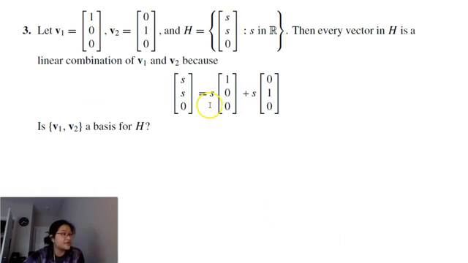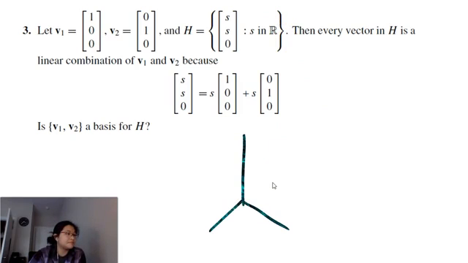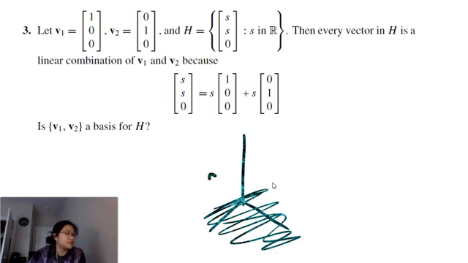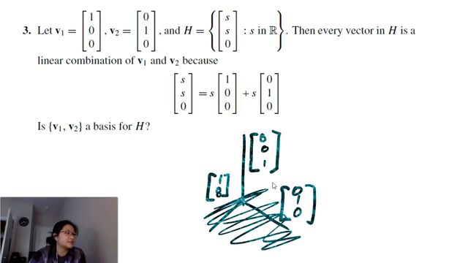Well, v1 and v2 aren't in H. v1 is not in the set H, and v2 is also not in the set H, so they can't form your basis. v1 and v2 are going to give you this plane, where this direction is (1, 0, 0), this direction is (0, 1, 0), and then up here is (0, 0, 1).